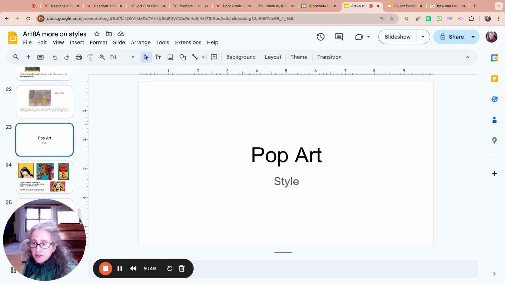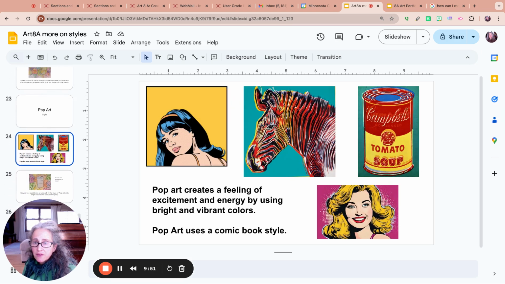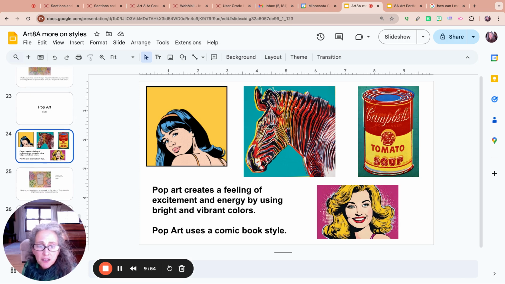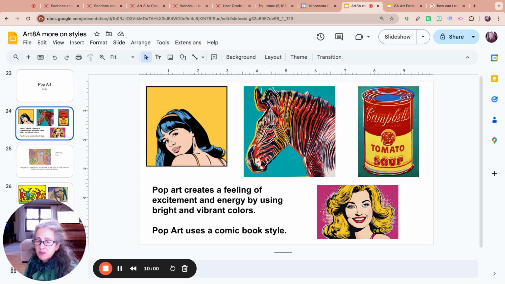And then pop art style. We have Roy Lichtenstein, Andy Warhol. Pop art creates a feeling of excitement and energy by using bright, vibrant colors, and it uses a comic book style.